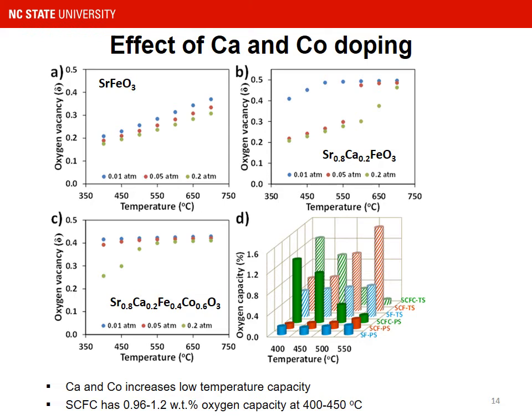For this co-doped sample, more oxygen vacancy can be created even under an oxygen partial pressure of 0.2 atm. As a result, this co-doped sample will give us the highest oxygen capacity, particularly in the low temperature range, and its oxygen capacity can reach above 1%, which is significant for this perovskite oxygen sorbent.